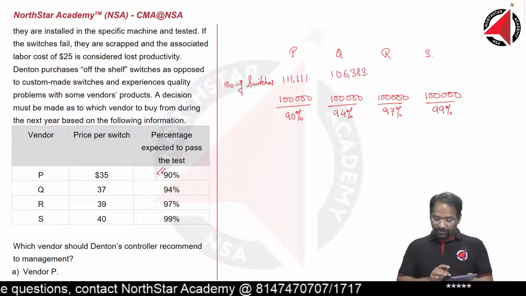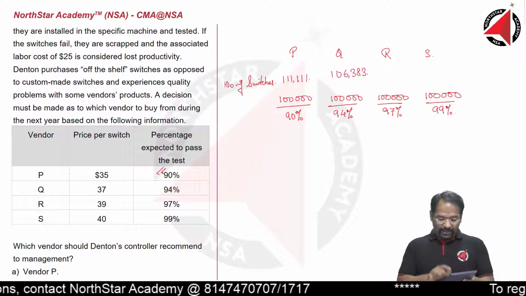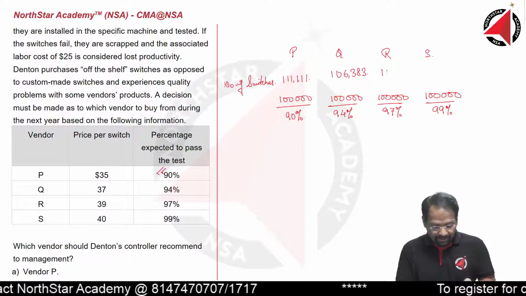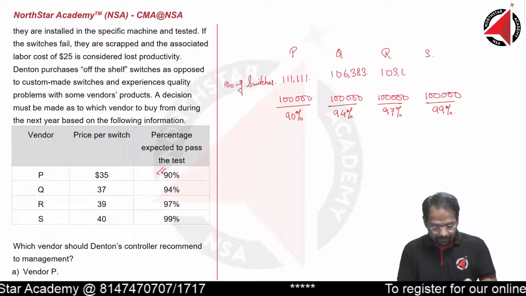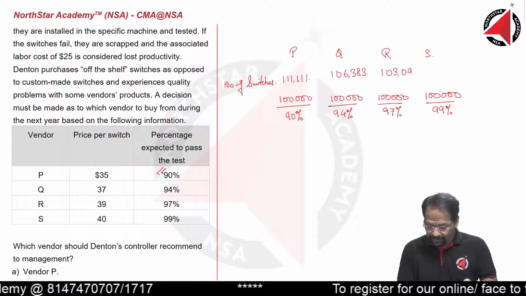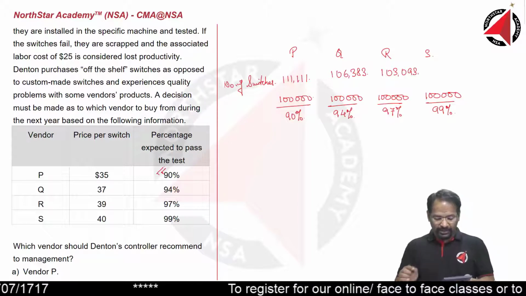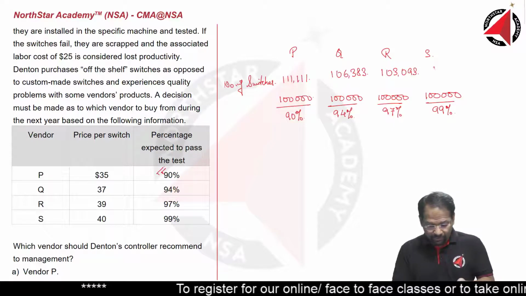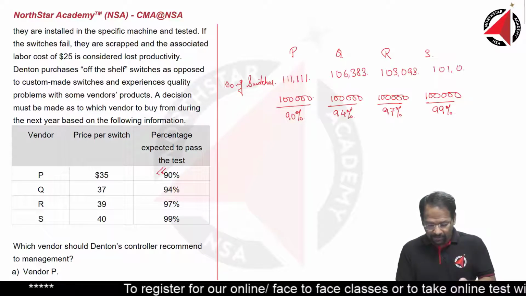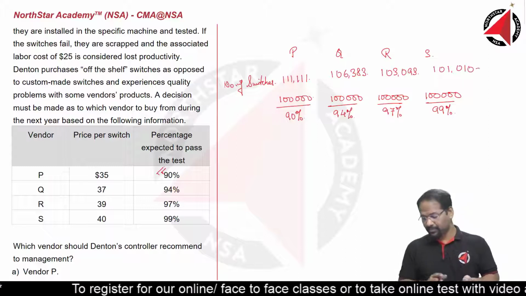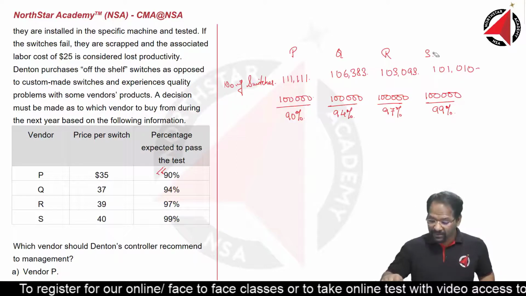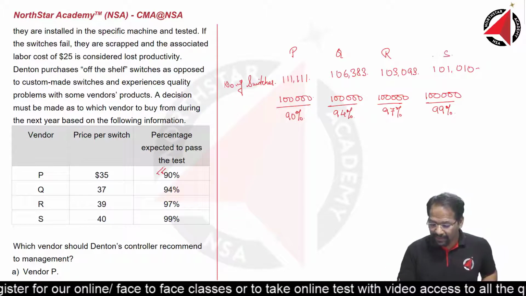The third one, for R, 100,000 divided by 97%, we need to buy 103,093 switches. And the last one, 100,000 divided by 99%, we get 101,010. These are the number of switches that we need to buy in the first place.